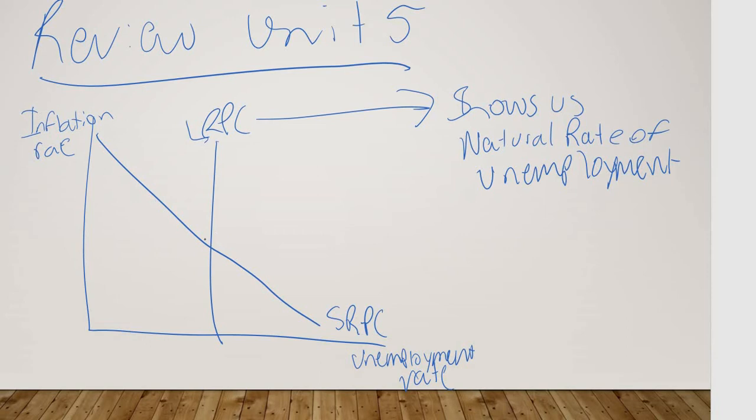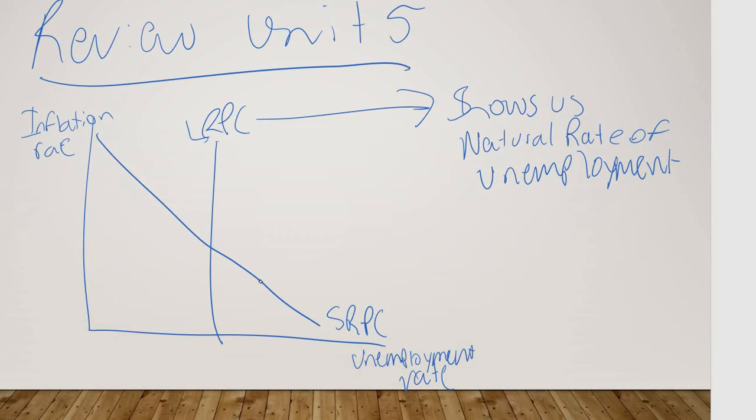Now, just because they cross right here does not mean that this is the starting point. That is a big thing that I understand where the confusion comes from, but that does not mean that's the starting point. That just means that theoretically, if we were in long run equilibrium, then we would be at our target inflation rate and at our natural rate of unemployment.